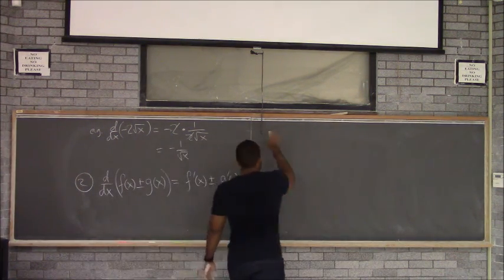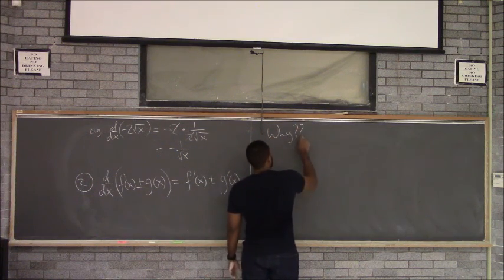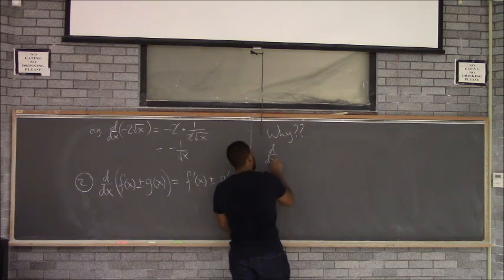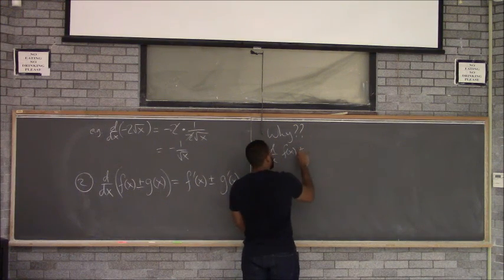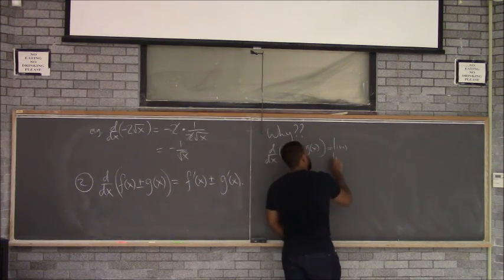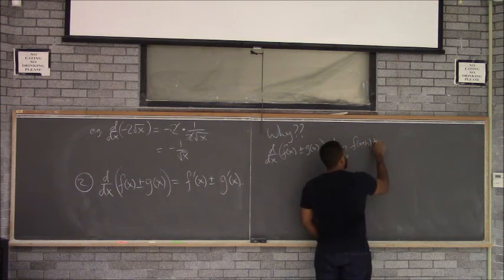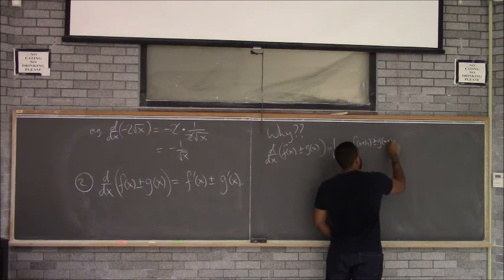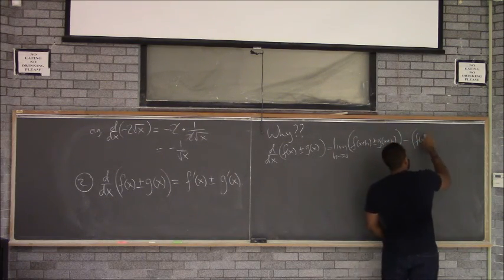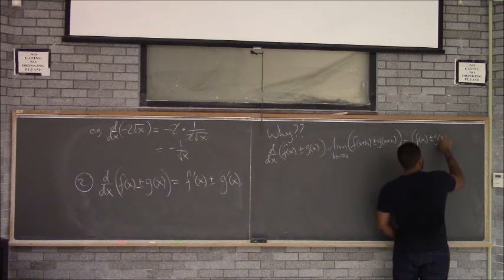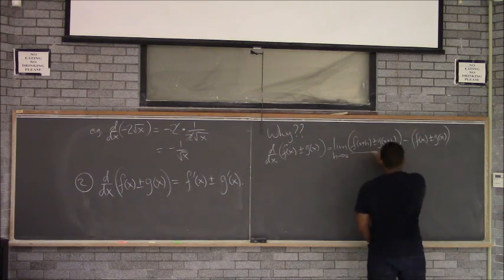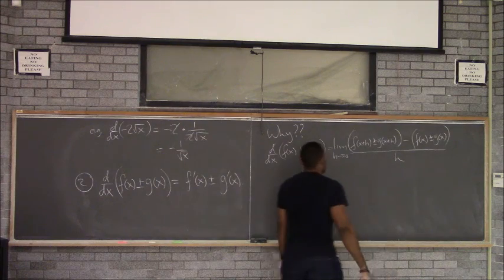Now, why? Well, if I want to find the derivative of f of x plus or minus g of x, that's going to be the limit as h approaches 0 of f of x plus h plus or minus g of x plus h, minus f of x plus or minus g of x, over h.